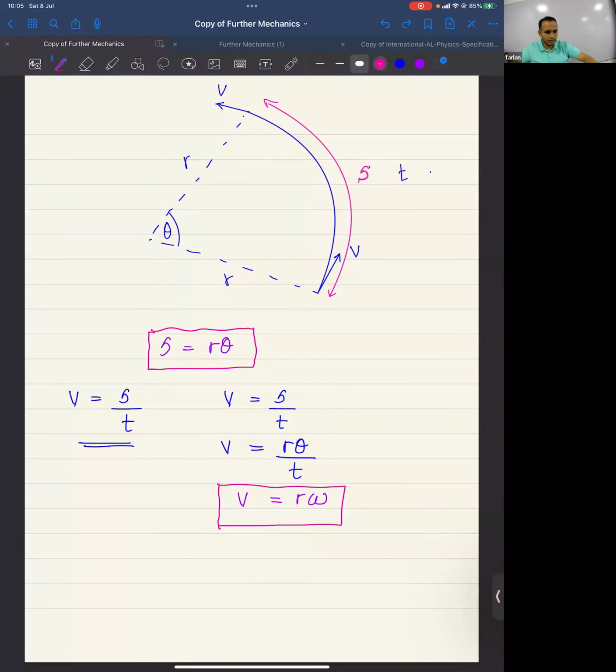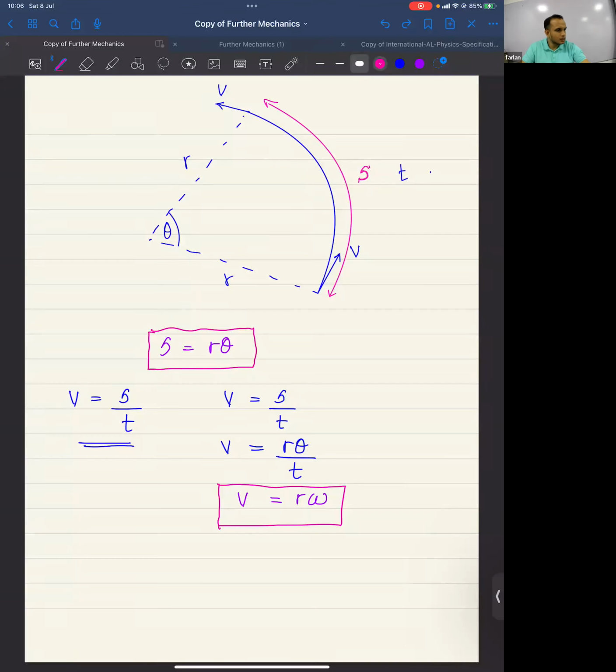And label the terms. v is instantaneous speed. r is radius.